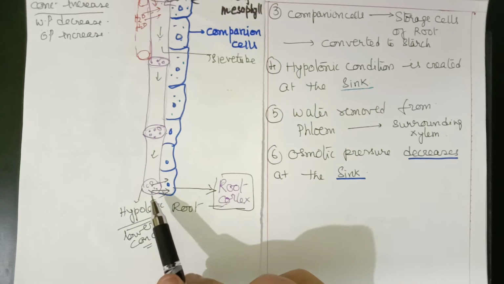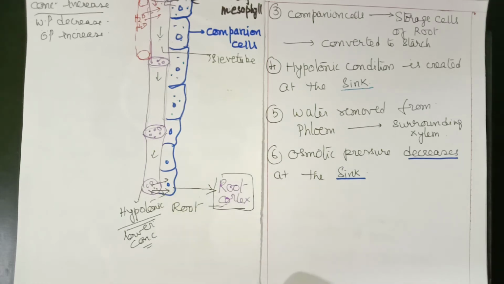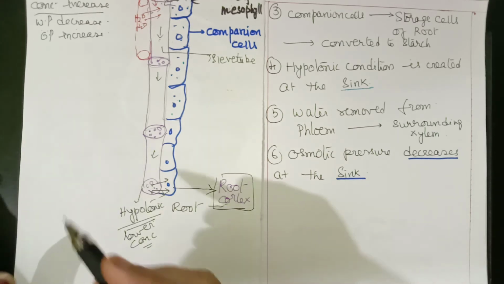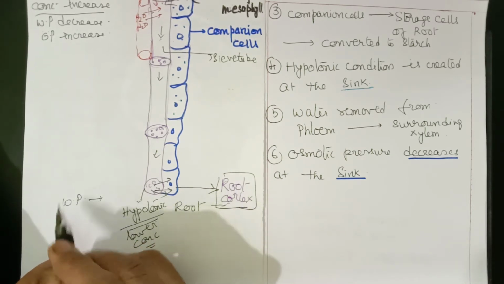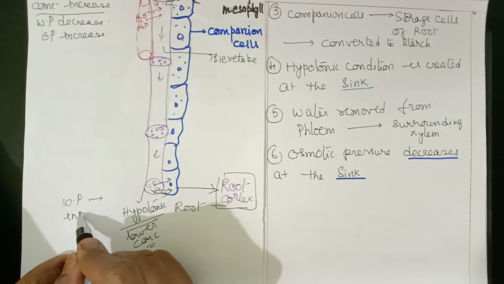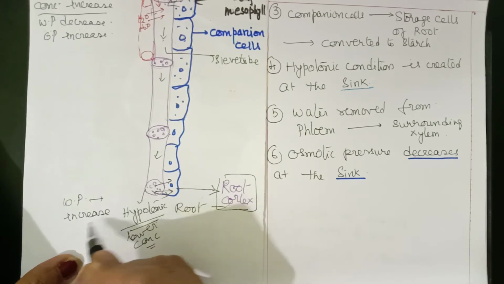So when concentration at the sieve tubes is lower, what happens to its water potential? Water potential at the sink will increase because its concentration is low. You find opposite changes when you compare both.